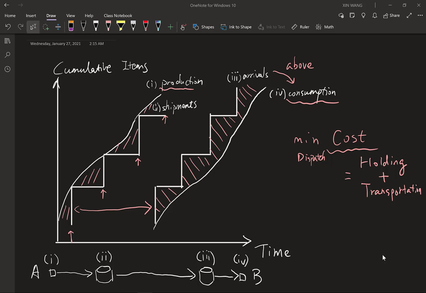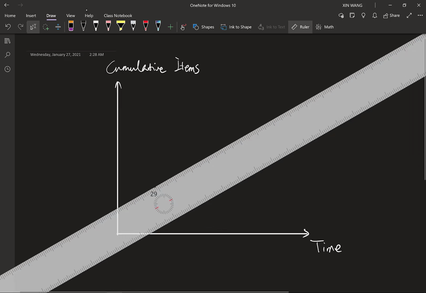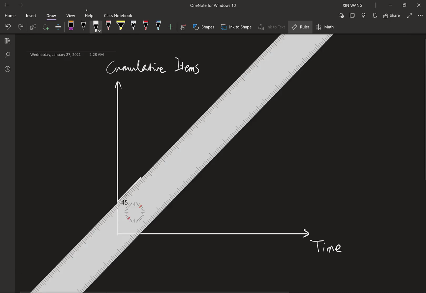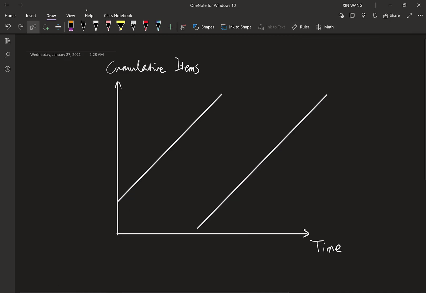Okay, now let's first handle the holding cost. Before rigorously formulating the problem, we need to make some assumptions. The first assumption is that the production line and then the consumption line are all straight lines. So that means the demand rate for the consumption and the production rate at location A are constant.